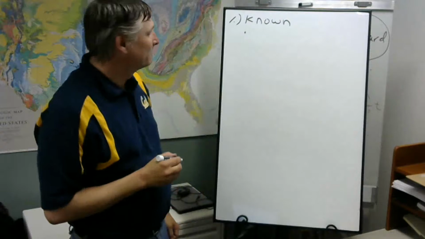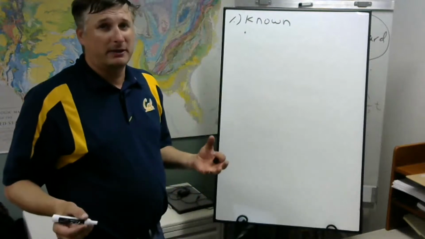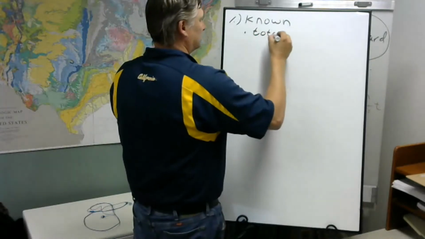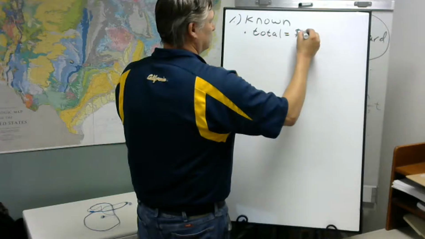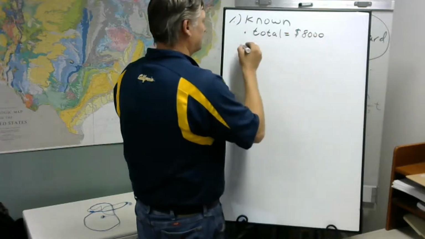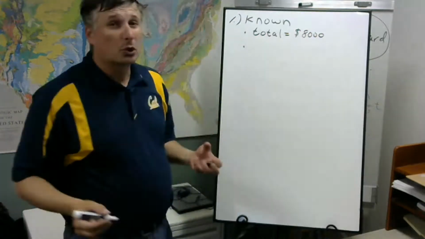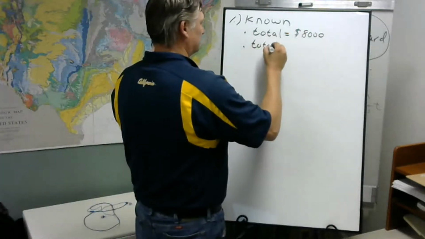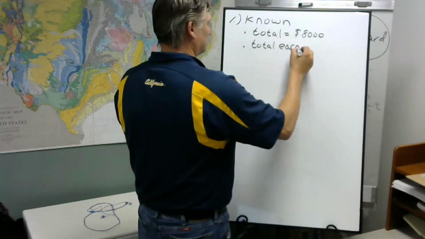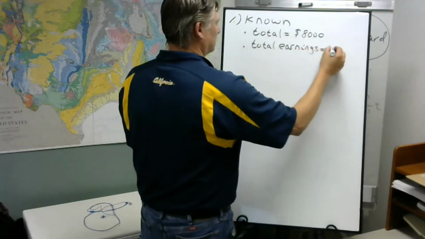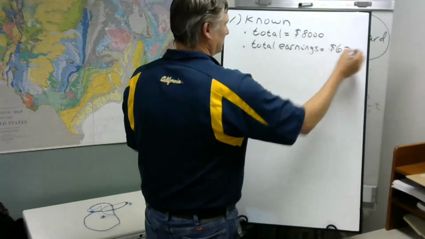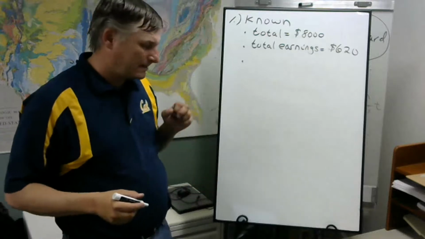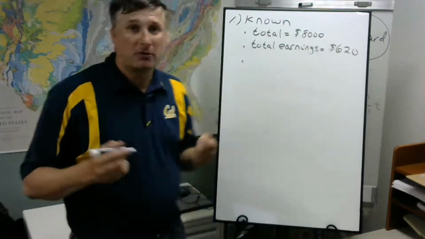So what's known? Well, we know the total amount of money invested, $8,000. The total earnings was 620. We know one stock increased or returned 12%.